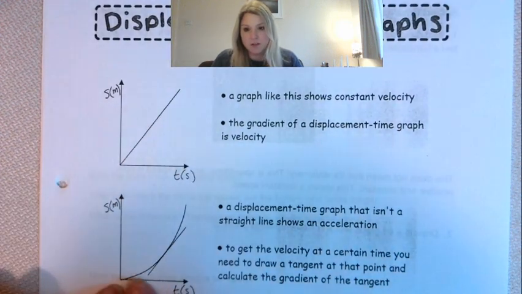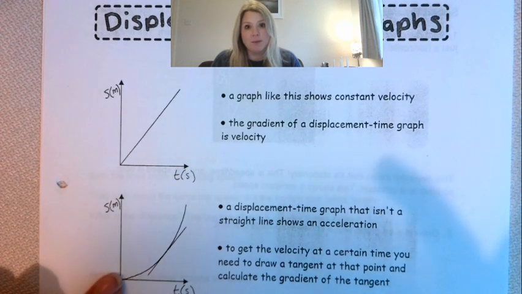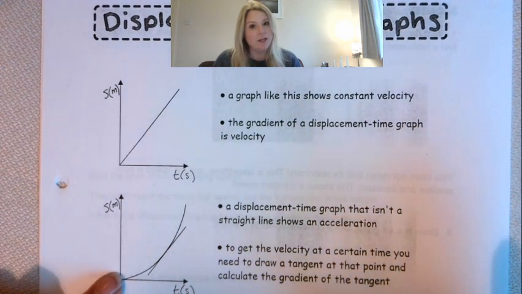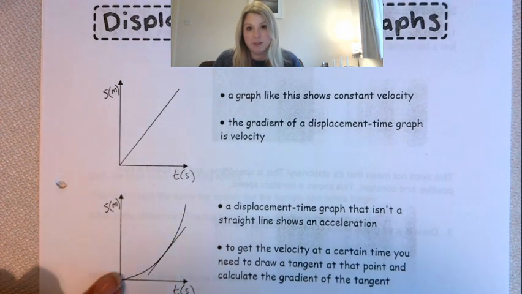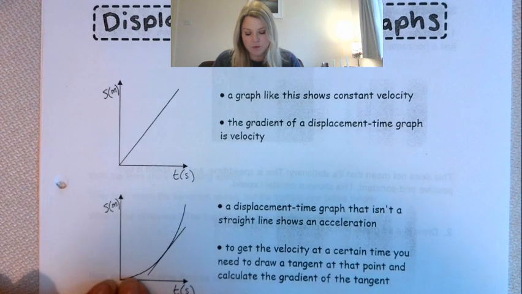If it's a curve like this, then that means it is changing speed, and you can tell whether it's speeding up or slowing down by what is happening to the steepness of the graph or what is happening to the gradient of the graph, because remember the gradient is just a measure of the steepness. Okay, so seeing this one here, it's getting steeper.